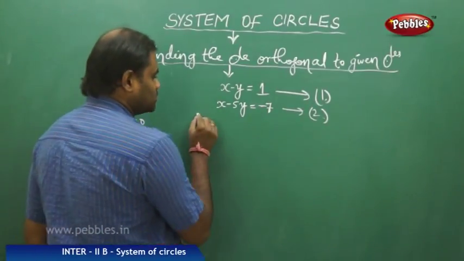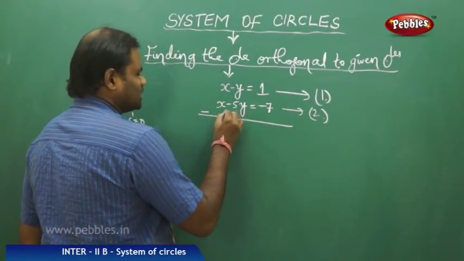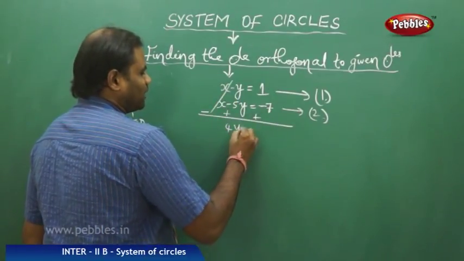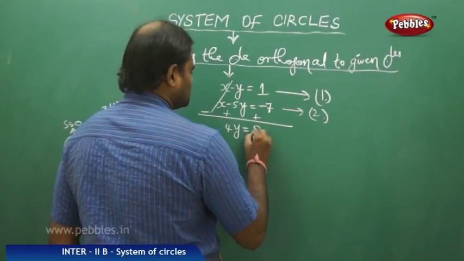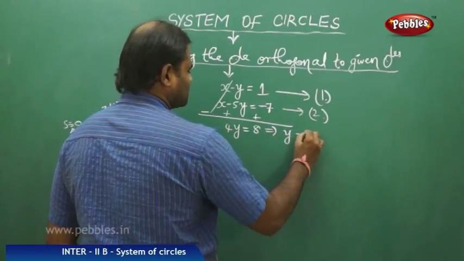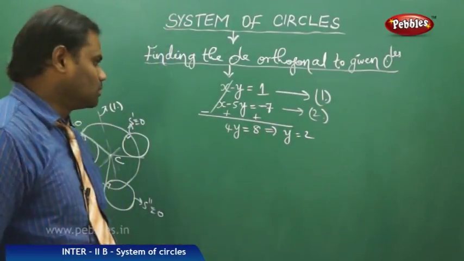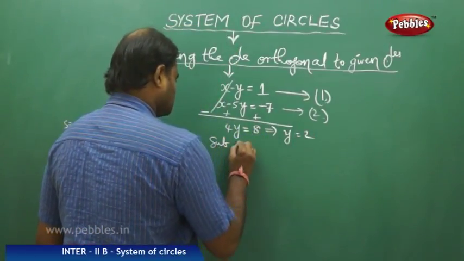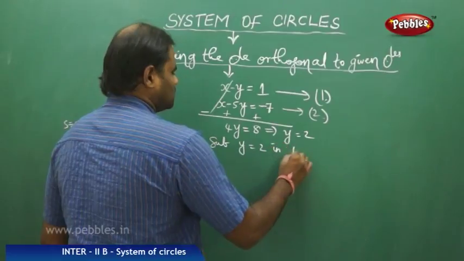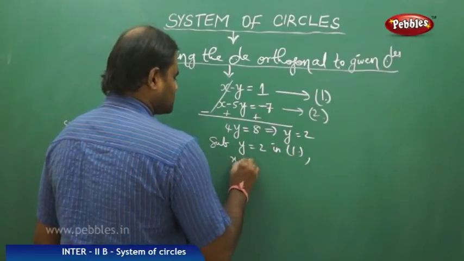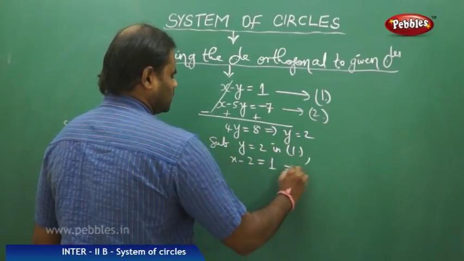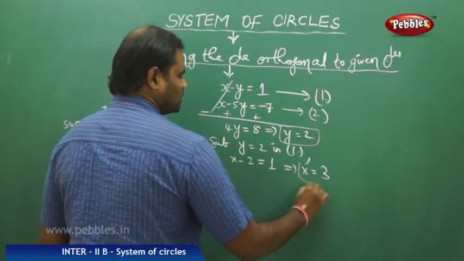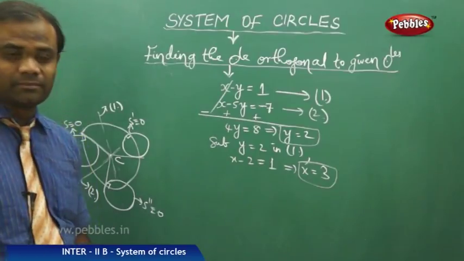Using the elimination method, I subtract so that this gets cancelled and I get 4y equals 7 plus 1, 8. That implies y equals 2. And when y equals 2, substituting in 1, I get x minus y equals 1. That implies x equal to 3. Therefore, y is 2 and x is 3.